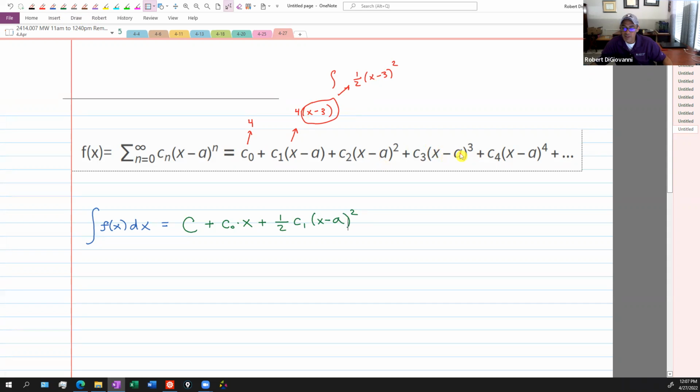And then the same thing's going to happen on each one of these. You're going to add 1 to the power and then divide through by that power. So plus 1/3 c sub 2 (x minus a) cubed. Go to the next one, 1/4 c sub 3 (x minus a) to the 4th, so on and so forth.